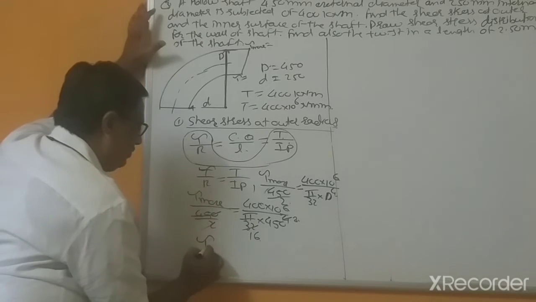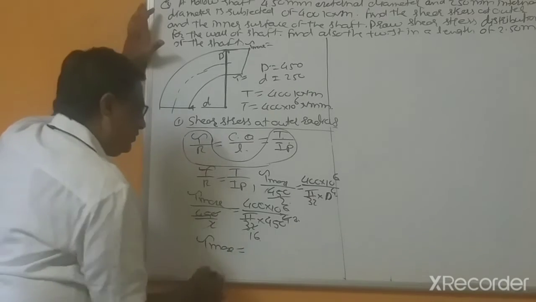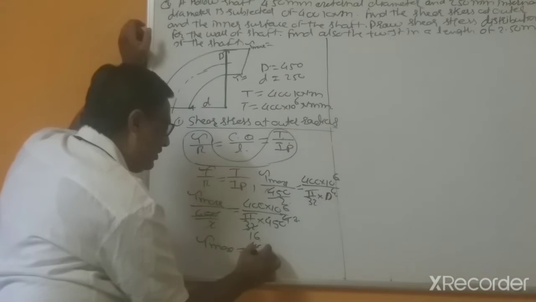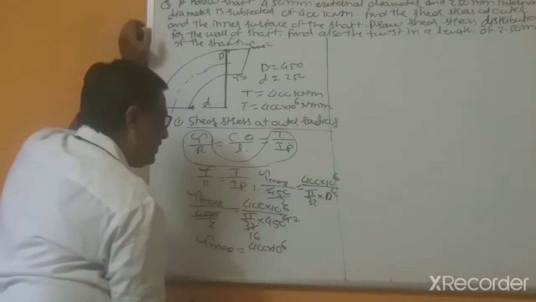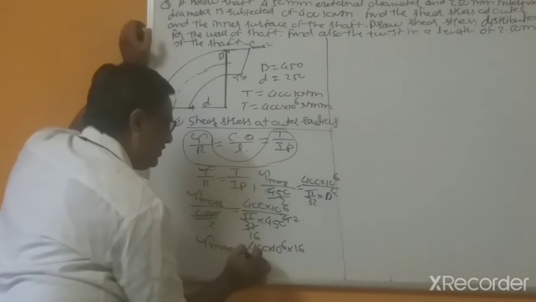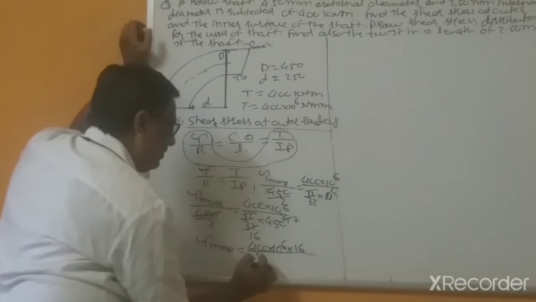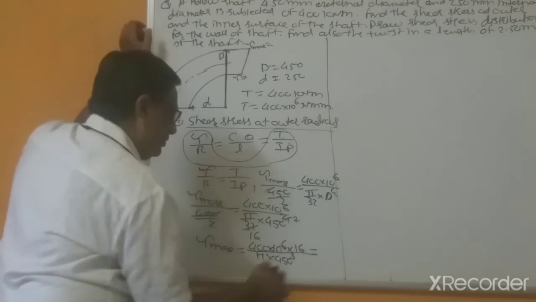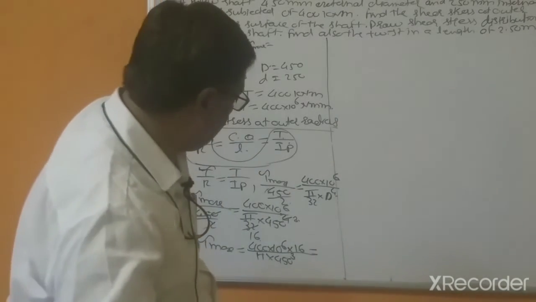So that's why tau max is equal to 400 into 10 to the power 6 multiplied by 16 divided by pi into 450 cube, right?